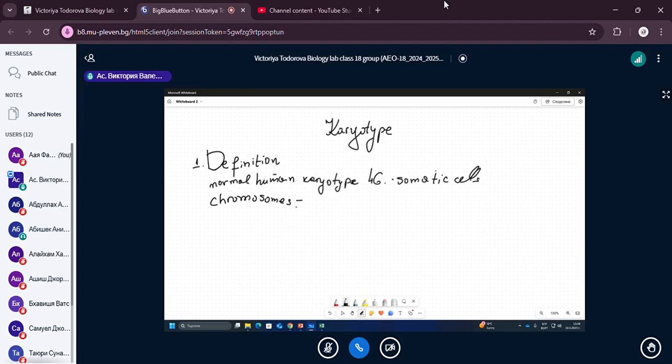About the chromosomes, in which phase of the division are they more visible, more condensed, and we can see them better? In metaphase.